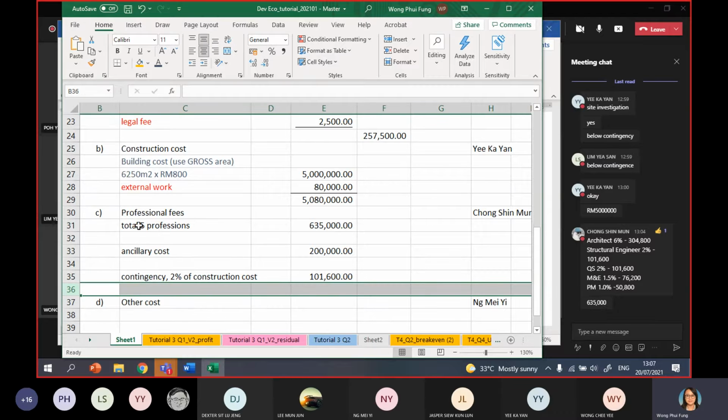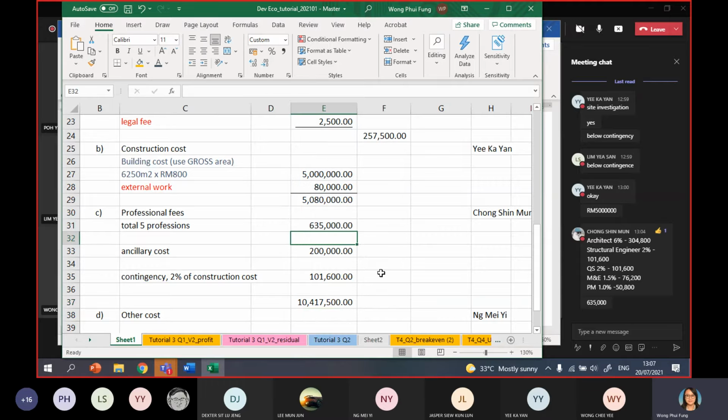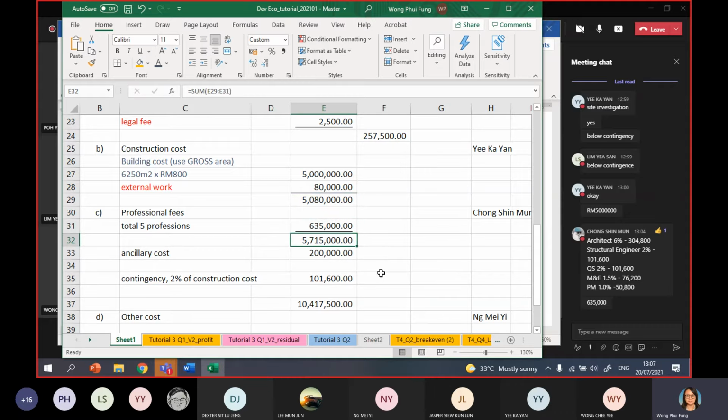So that's it. Then you sum everything together here. The professional fee should be summed out first. Then after that, sum up the ancillary, the professional fee and the contingency.